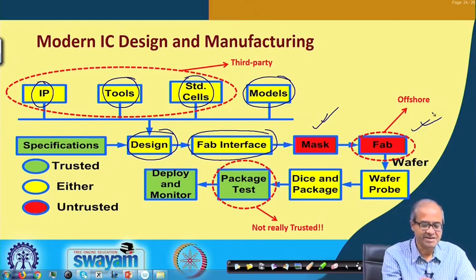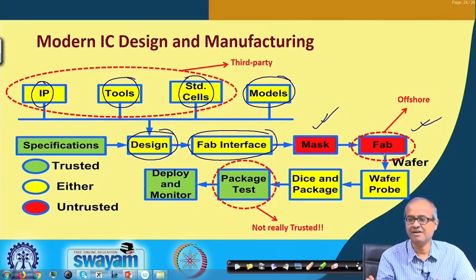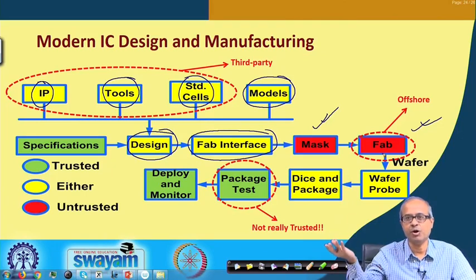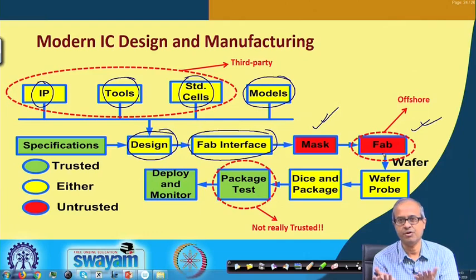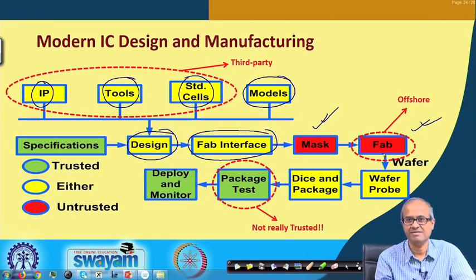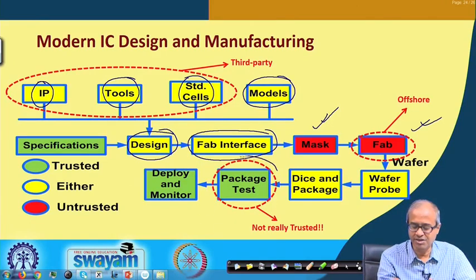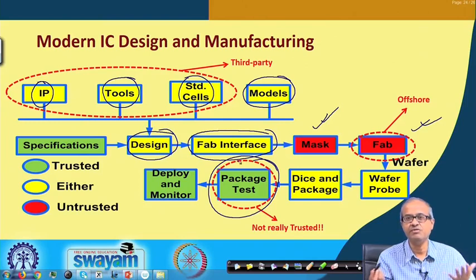Now, you see these yellow boxes are not totally trusted and red boxes are definitely untrusted, because they are typically offshore, and when these things are happening we are not there at all, we are very far away. When the chip comes back to us, when we are doing the package testing, again we are using a tester from a third party, that is also not totally trustable.